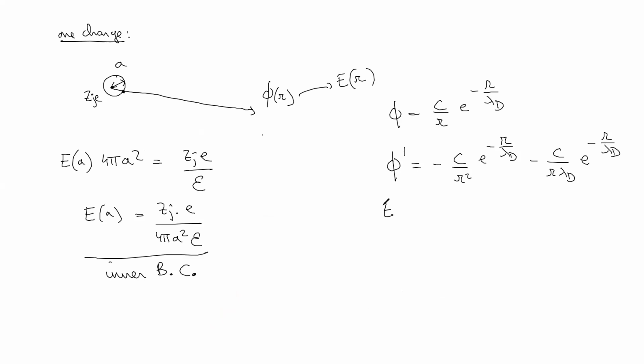And the electric field is minus phi prime, so it's C over R squared exponential minus R over lambda d, times 1 plus R over lambda d. Okay, that's the electric field in the whole medium, and in particular, this tends to, so let me call this in, and this is out.